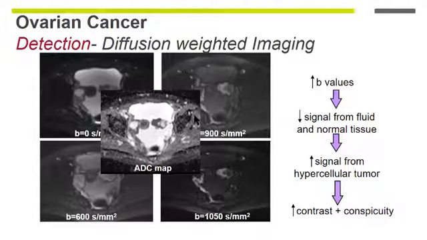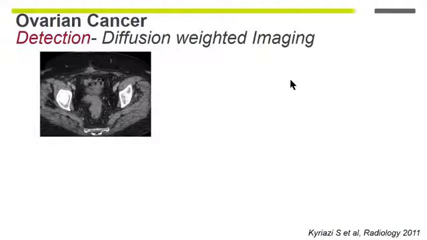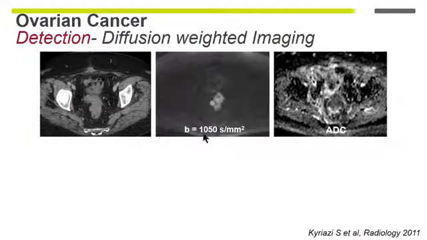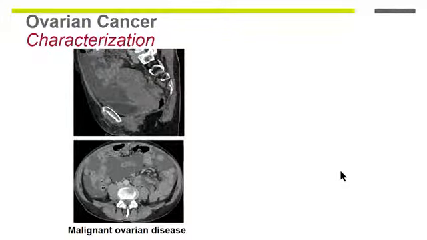And we can also get numerical values from the ADC in the peritoneum. The staging accuracy is 91% compared to that of CT or even PET, so I would say that diffusion-weighted imaging is really quite a useful modality here because you can use it to actually locate disease against the bowel wall, because that is where the disease occurs, on the peritoneal surfaces of the bowel wall, and you can do these color-coded maps, as Avis has shown you before.